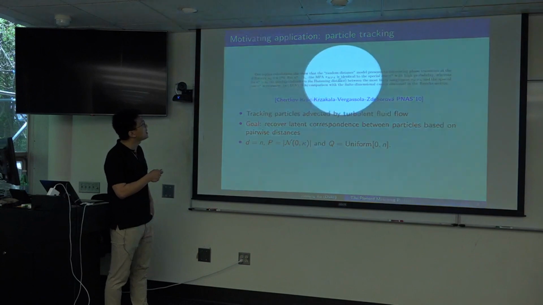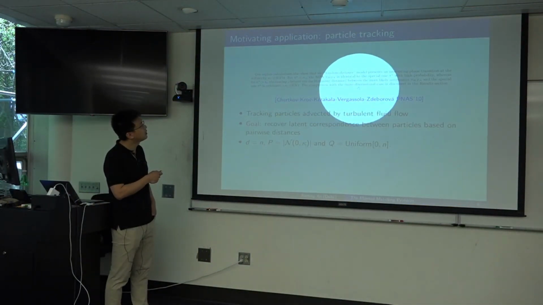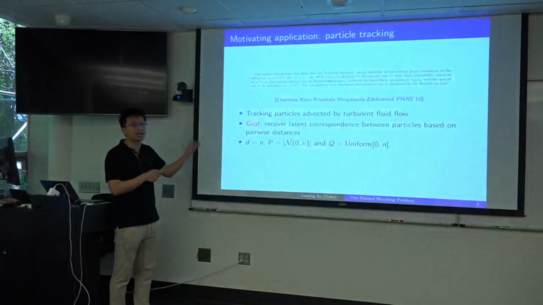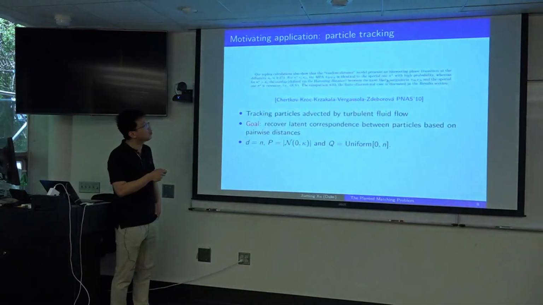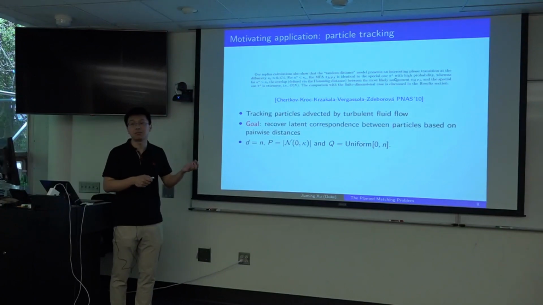They say that when kappa is less than this threshold, 0.174, the maximum likelihood estimator is going to coincide with the true one. In fact, what they really meant is that the fraction of misclassified edges goes to 0.